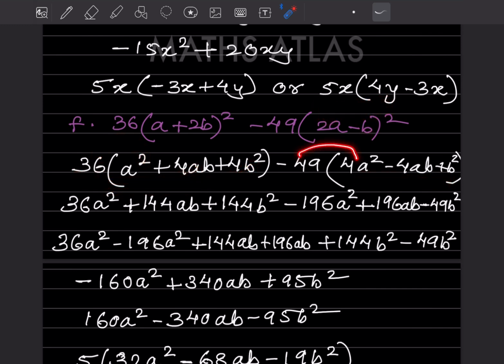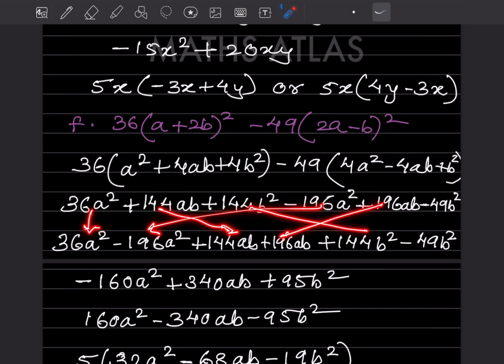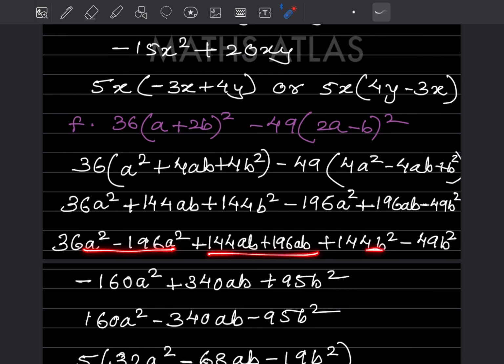This is going to be minus 196a square, minus minus becomes plus. So this is going to be 49 4s are 196ab, and this is going to be minus, plus is going to be minus, and this is going to be 49b square. So these are the like terms.